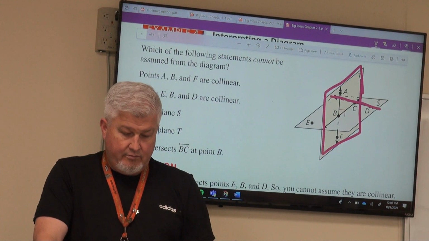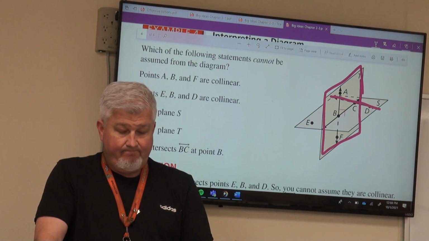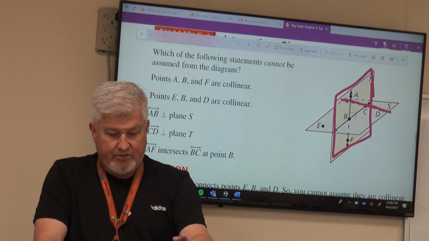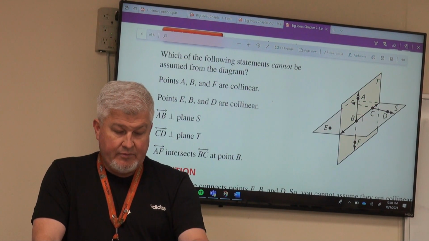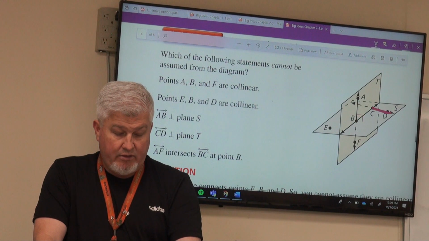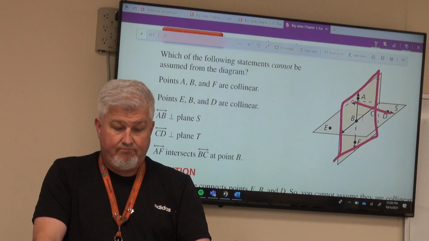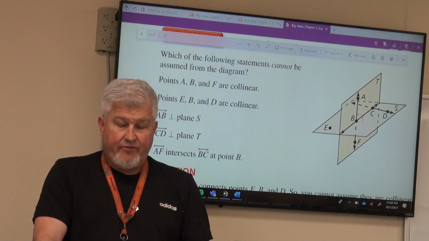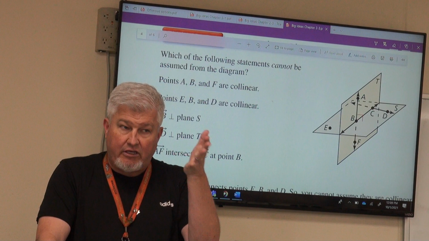There's no mark though. Can we erase that one? There we go. We're talking about line CD. Can I assume it is perpendicular to this? The short answer is no, you cannot, because there's no right angle indicator given to you there.